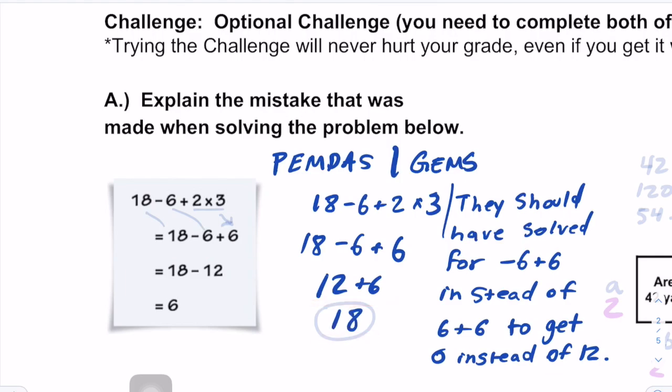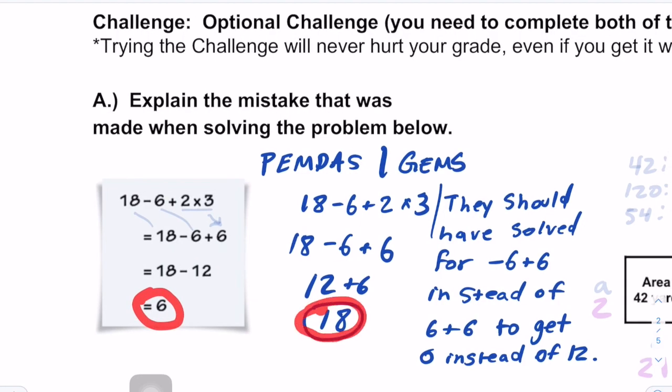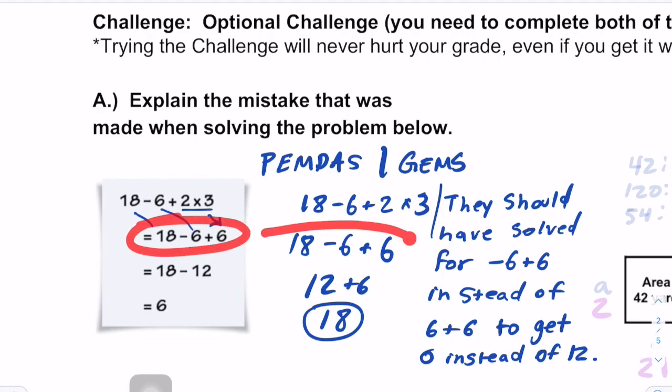So now looking at what they did, I can see that at first they kept this 18, they kept this 6, so this must mean that they multiplied 2 times 3 first to get this. And we see that what they multiplied here gives us the same thing that we did in our second step. So we know that's not where the mistake happened. In this next step, we do see something different.